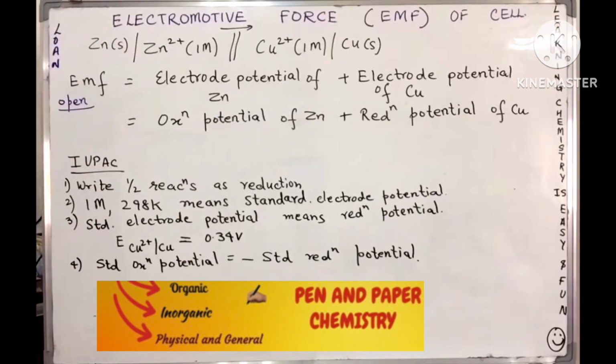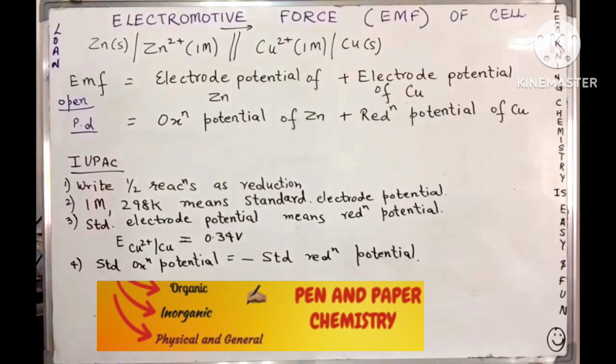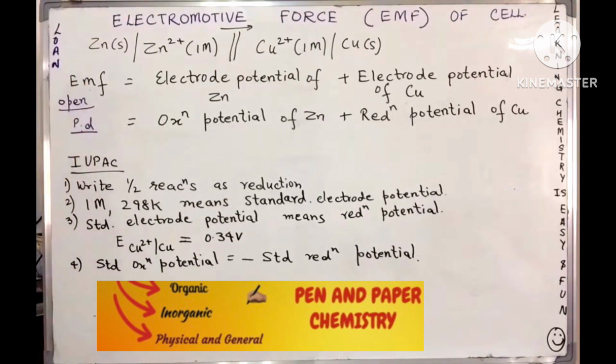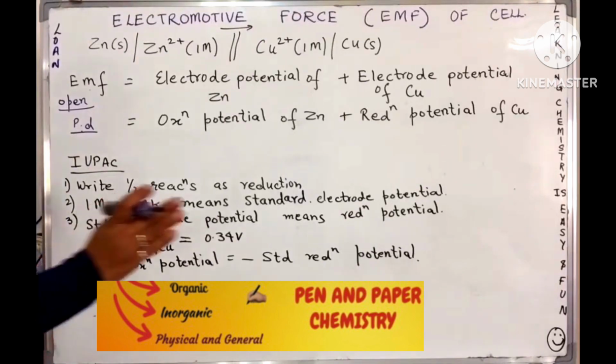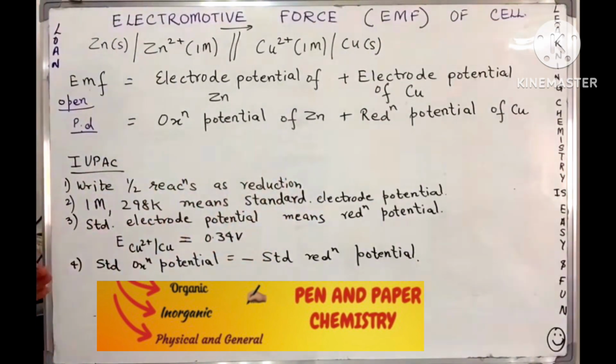On the other hand, potential difference is the term which we use to measure the potential between the 2 half cells when the 2 electrodes are connected to each other. Usually, potential difference will be less than EMF. For the simple reason, I am assuming that I have to walk through this area, right? Yes, so it will be this smooth for me.